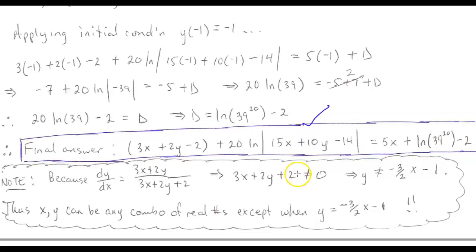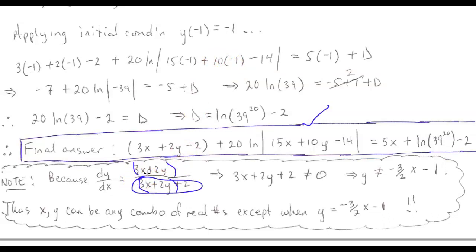Now, the last note that I make here is that since the derivative of y with respect to x is equal to this, (3x minus 2y) over (3x plus 2y) divided by (3x plus 2y plus 2), that tells us here that our denominator is not allowed to equal 0, okay?